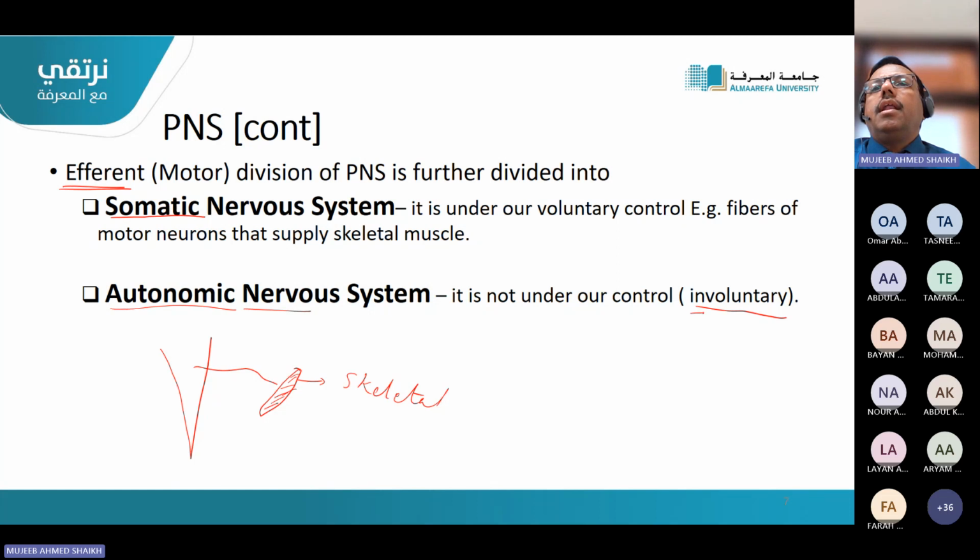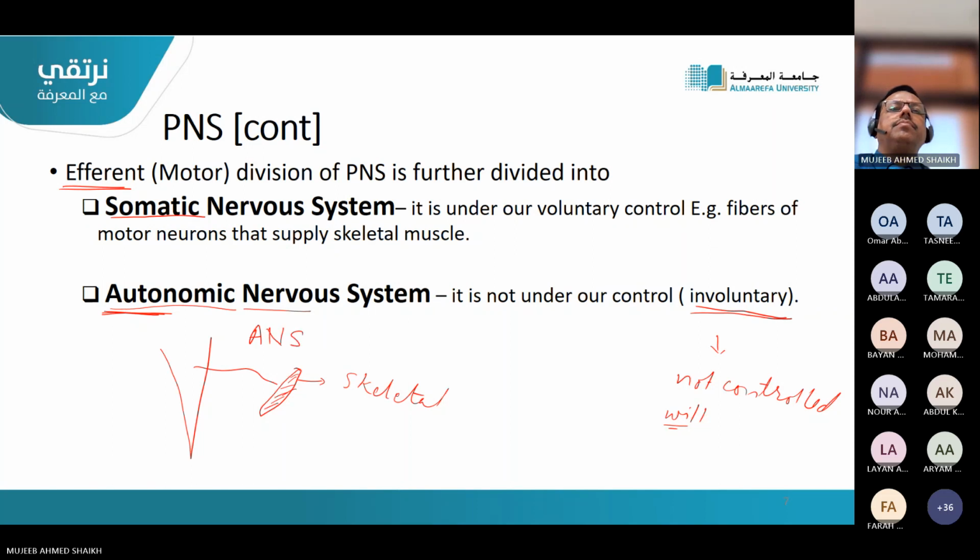Involuntary means not controlled by my will, not controlled by my own choice. Will means intention. I cannot intend to control them. This is done through an automatic system. That's why it is called the autonomic nervous system, or ANS for short.